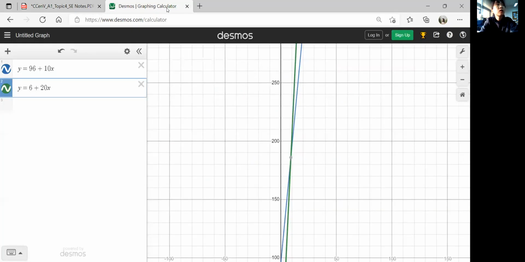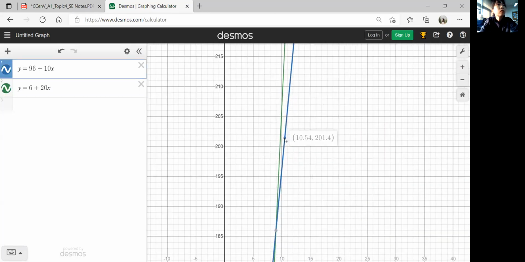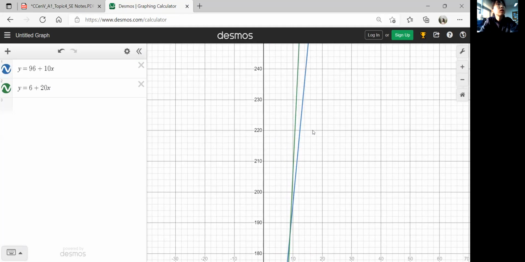And what about Manisha? Where's 220? 220 is here, right? So Holly will finish it after about 11 days. It's closer to 11 than 10, right? Manisha will finish it after about 12 days or 13 days, right?